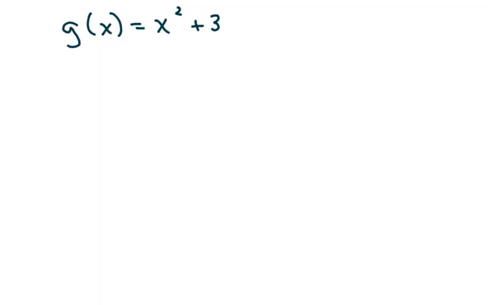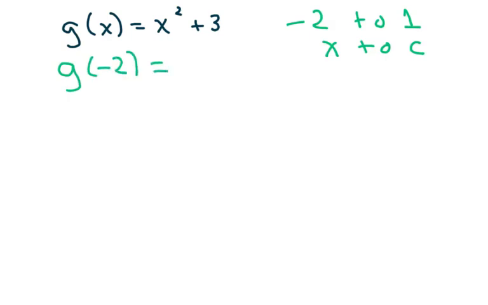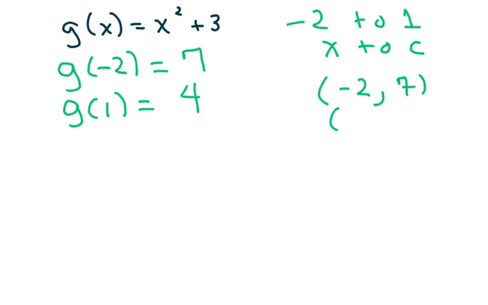Okay, next one. Same thing. We're going to go from negative 2 to 1, or x to c. So I'm plugging in negative 2, and that will give me 7. And when I plug in 1, I get 4. So basically, negative 2 is paired with 7, and 1 is paired with 4.